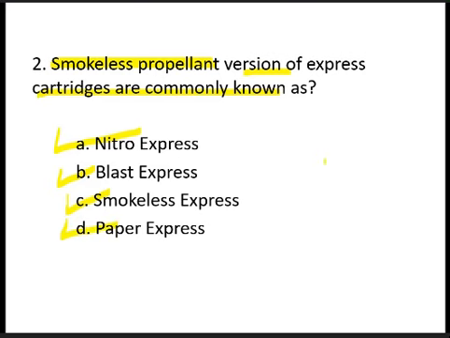Again, three of these are distractor and only one is the correct answer. So, what is your choice? Is it letter A? Is it letter B? Is it letter C? Or is it letter D?